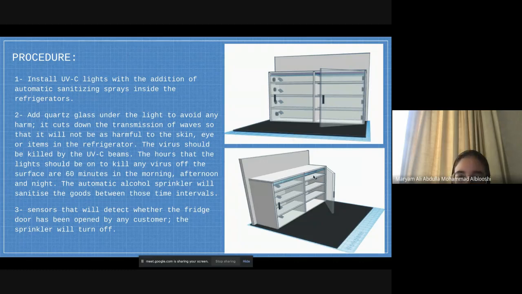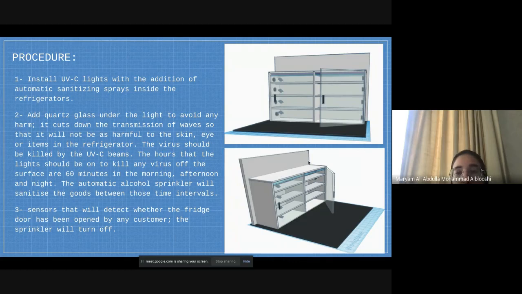And we will also be adding the quartz glass directly under the UVC light. As we all know, UV can be harmful to people's skin, and UVC is the type with the highest frequency. So the quartz glass has a really thick composition, which can help in cutting down the frequency of the waves.